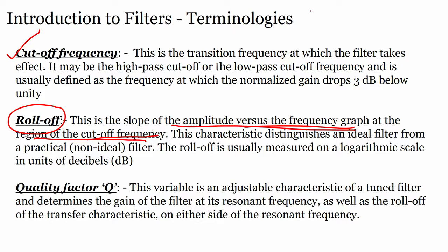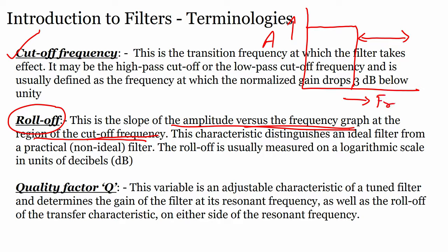You will see in the next graph that ideally it should be like this, for example, the low pass filter. Low frequencies will pass, high frequencies will not pass, and you will see an ideal curve like this. This is amplitude, this is frequency, the y axis and the x axis.